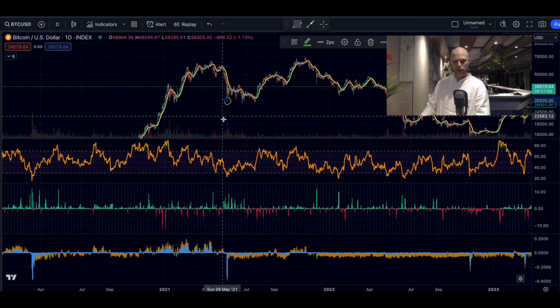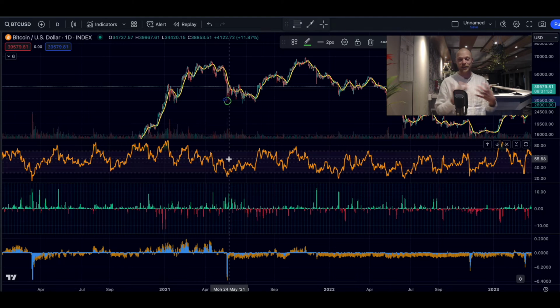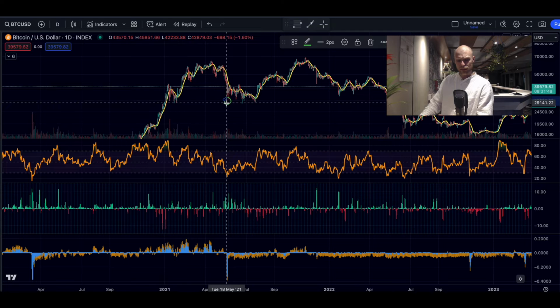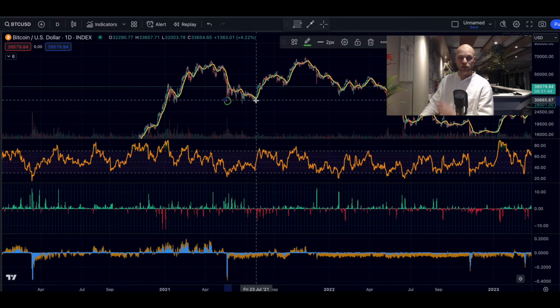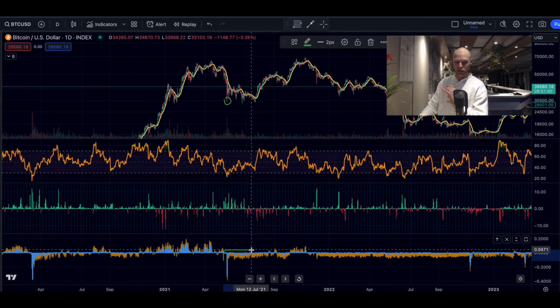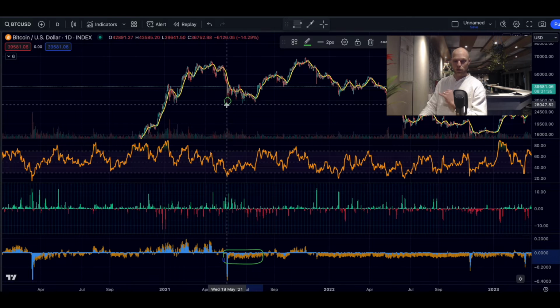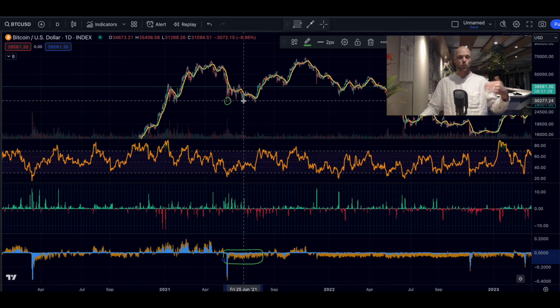You can see it in this wick. Also, funding went completely negative while we were actually still in a bull market. So we had quite a bit of a correction. Then it took 60 days for Bitcoin to consolidate sideways. But while we were consolidating sideways, you can see that the funding rate was definitely super negative, which means that a lot of people here were still kind of in disbelief and they were expecting Bitcoin to drop lower.